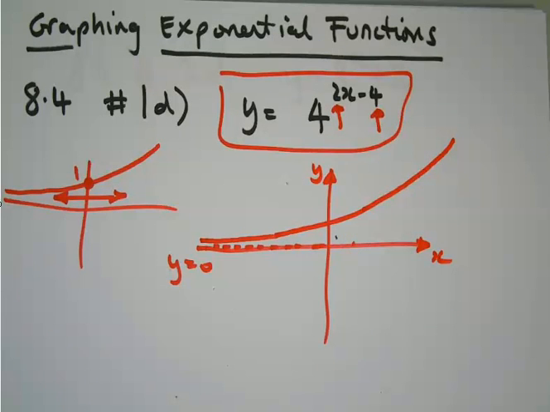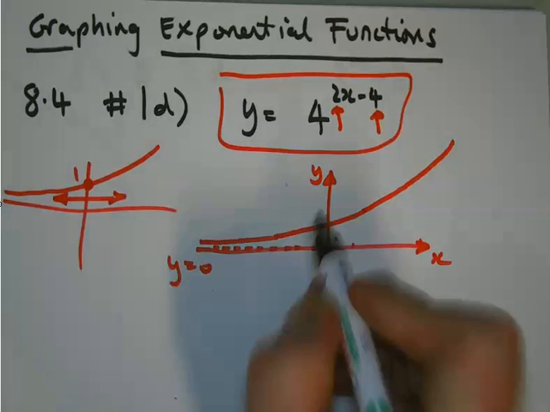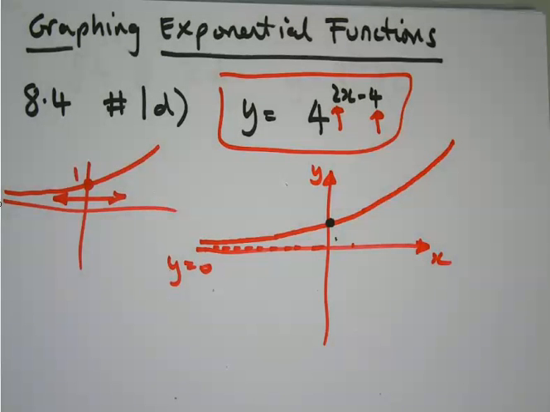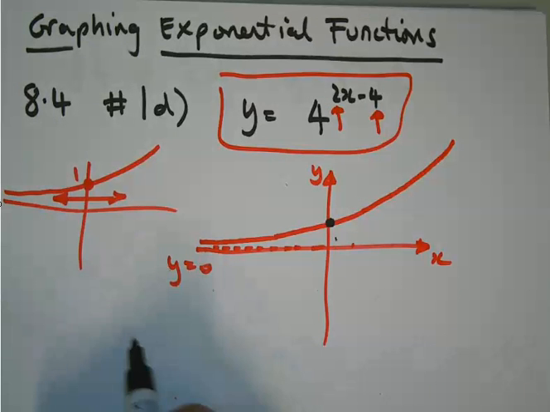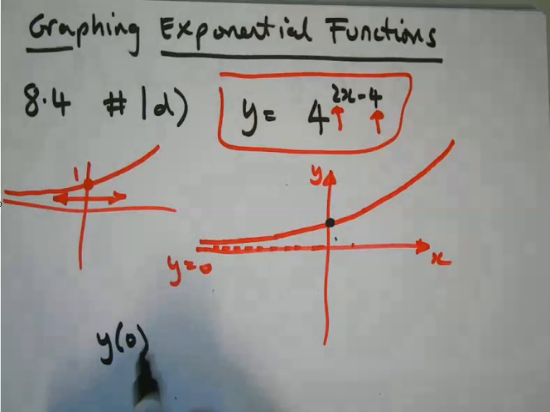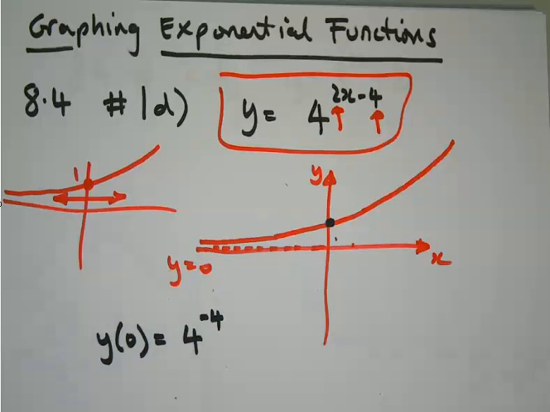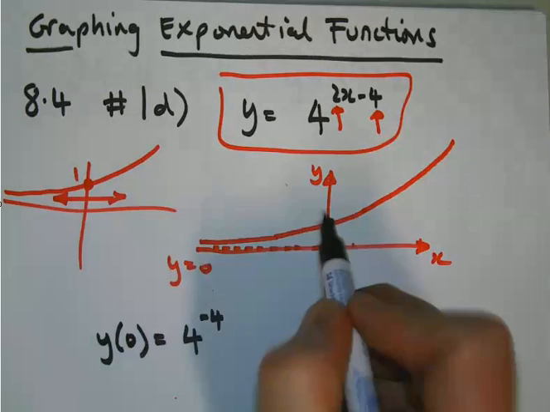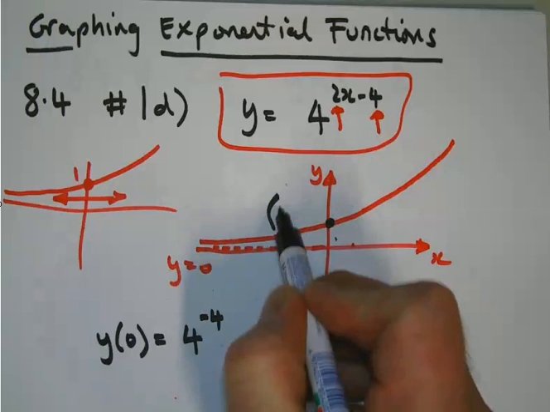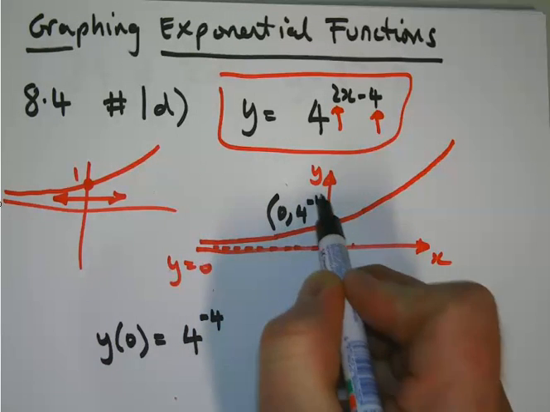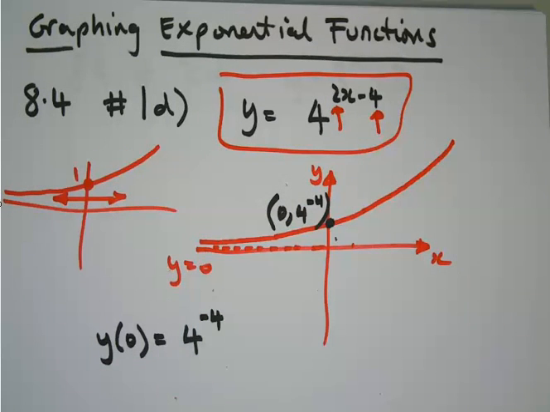However, I'd like to work out 2 points. I need axial intercepts, so I need to find out where the y-intercept is. That will always occur when x equals 0. So y when x equals 0 will be 4 to the 0 minus 4, or 4 to the minus 4. I'm going to use index notation, (0, 4 to the minus 4), to show the y-intercept.